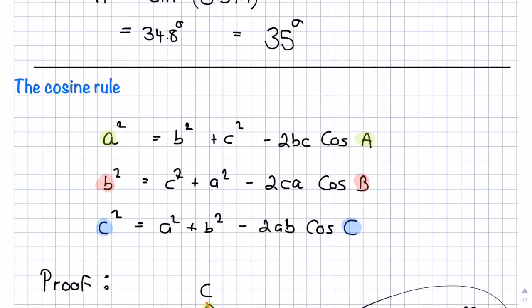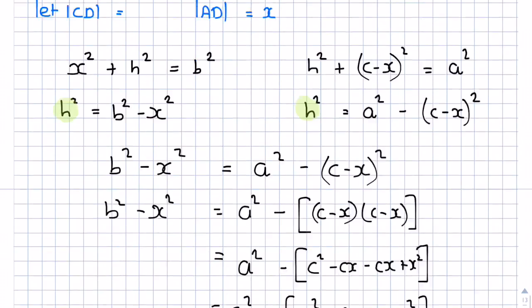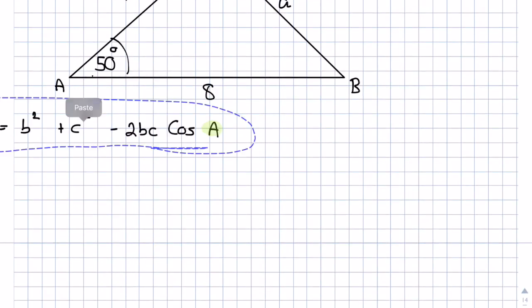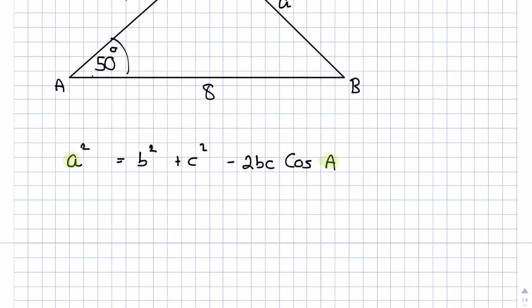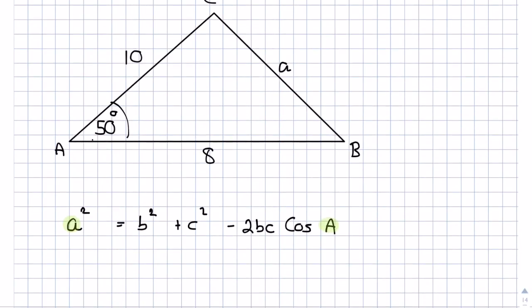So just so I'm not changing it when I go down, I'm just going to copy that and paste it. So this is the one we want. A squared is equal to the other two sides squared.